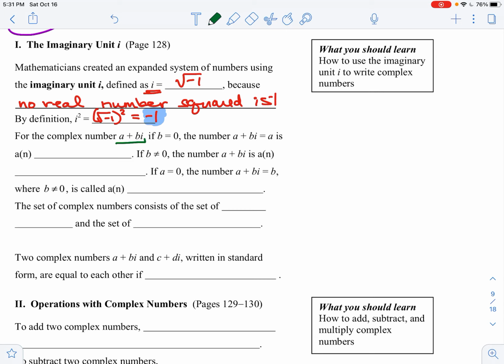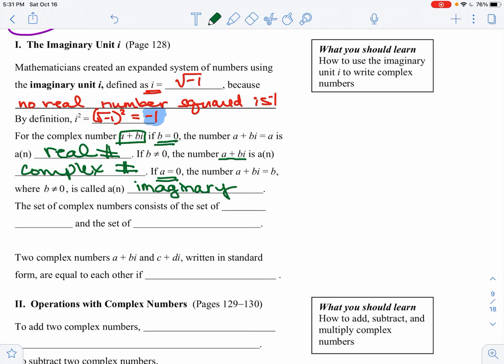For the complex number a plus bi, if b equals 0, so think about that. If b equals 0, well, 0 times i is just 0. So that would just give us a real number, okay? If b doesn't equal 0, the number a plus bi is a complex number. And if a equals 0, that would be 0 plus bi, which is simply an imaginary number alone.